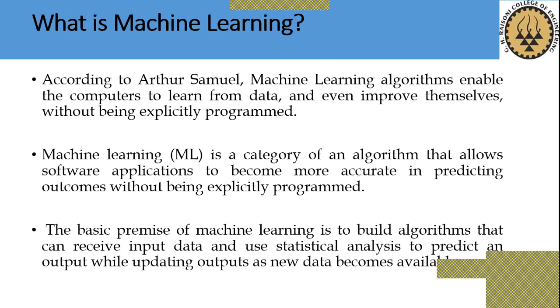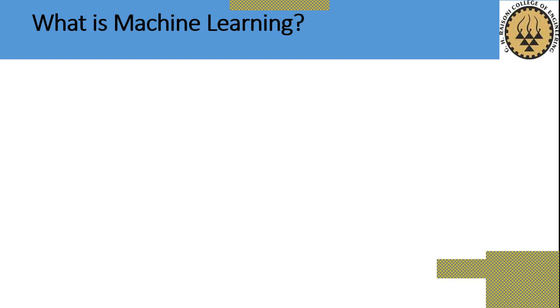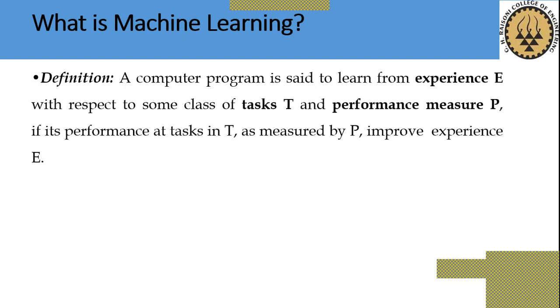The basic idea of machine learning is to build algorithms that can receive input data and use statistical analysis to predict an output while updating the output as new data becomes available. Let us consider a specific definition of machine learning.